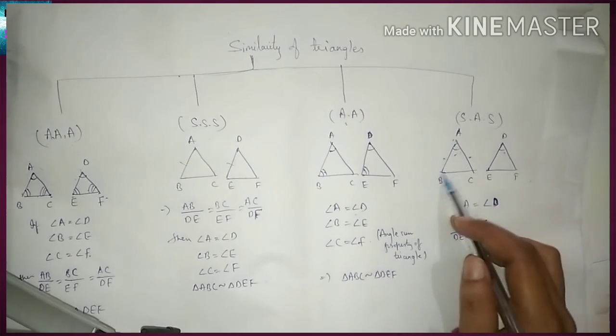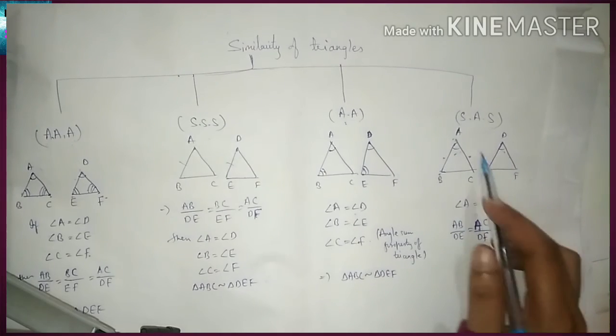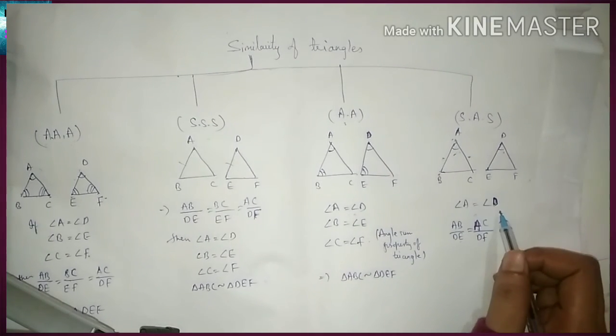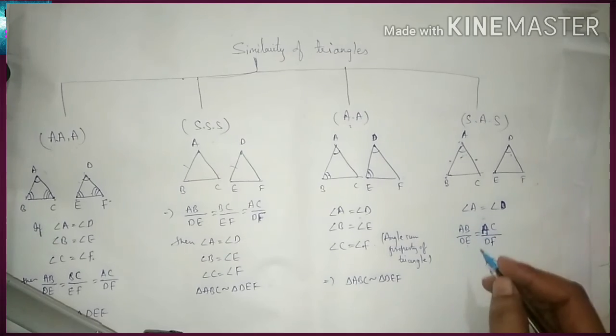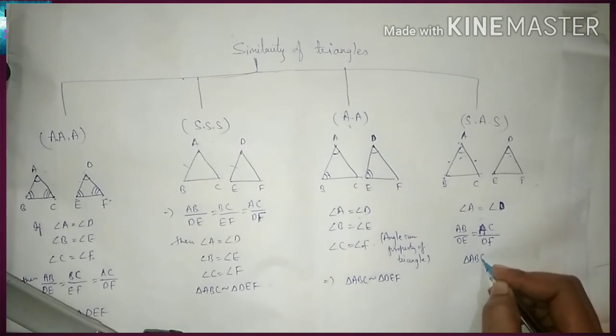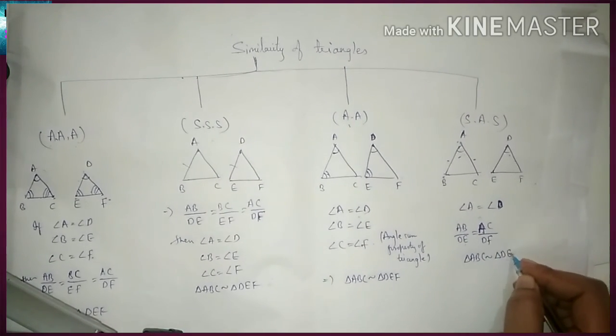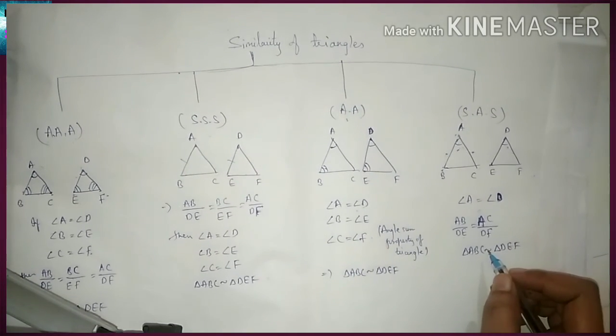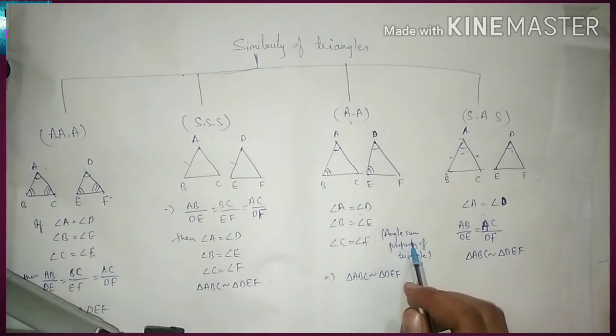So the sides including this angle are BA or AB by DE is equal to AC by DF. So these are the sides. AB by DE is equal to AC by DF. Then the two triangles are similar. Triangle ABC is similar to triangle DEF. So these are the four conditions.